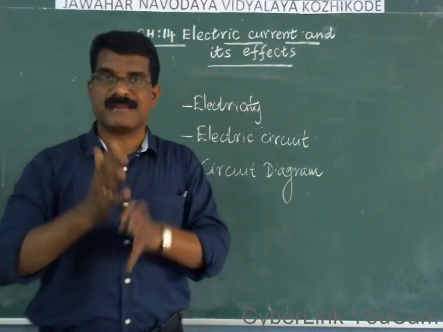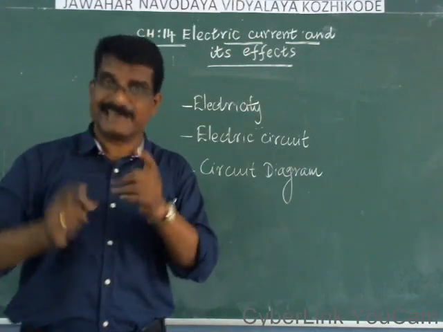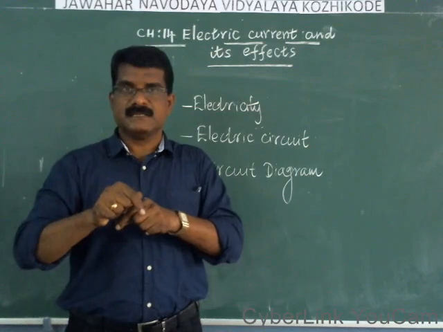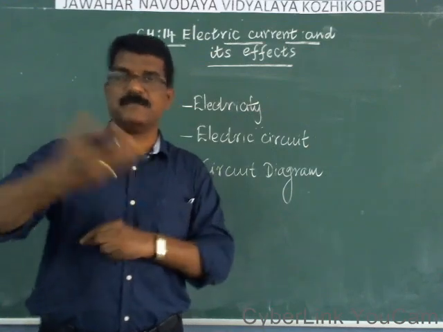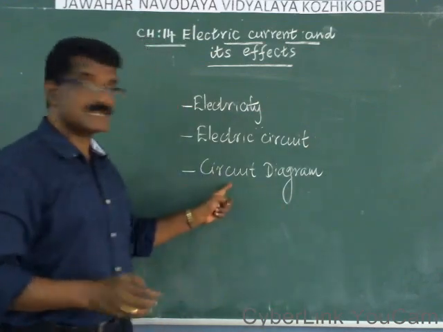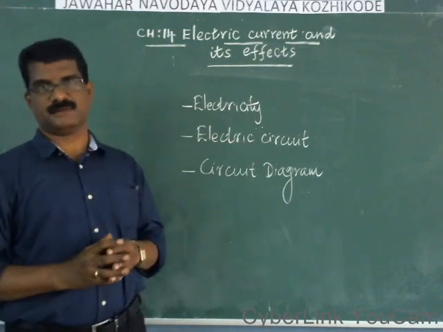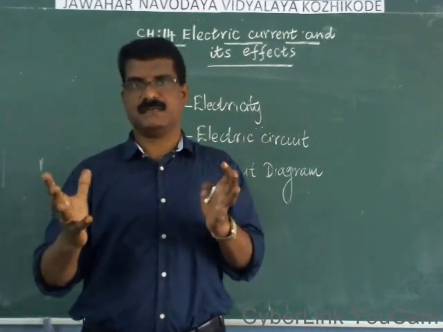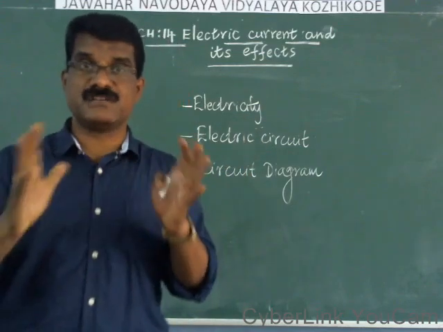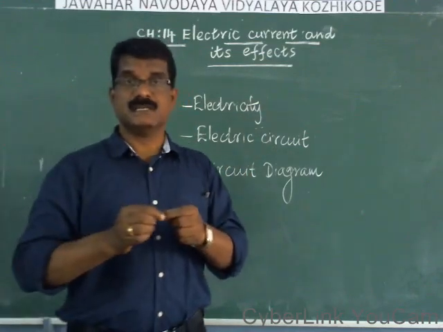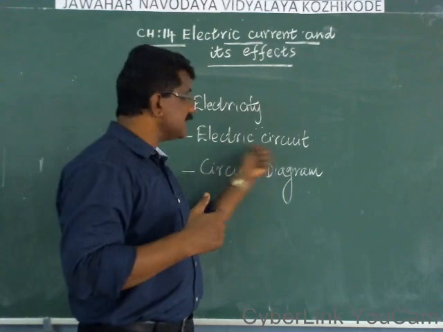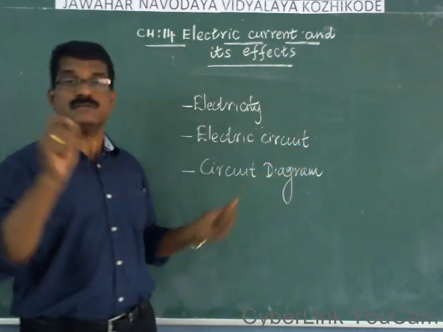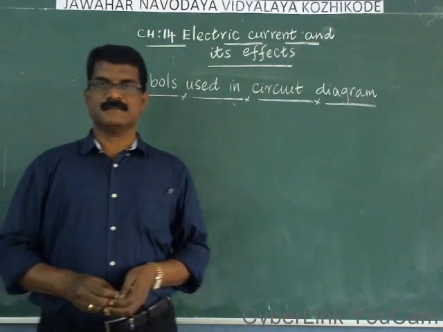That symbolic diagram that shows the flow of current is known as the circuit diagram. In a circuit diagram, different symbols are used. Let us discuss the different symbols which are used to represent an electric circuit or a circuit diagram.